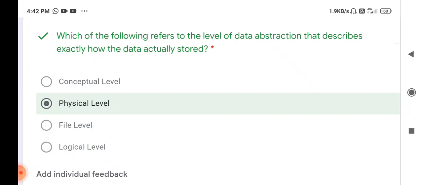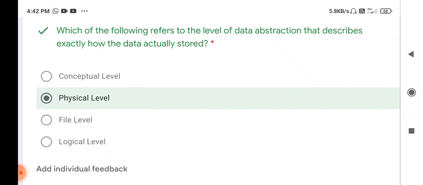This statement is generally used for the physical level. The physical level shows the structure of the database, how exactly data will be stored. The logical level decides the relation between those data, right? And the conceptual level handles different queries conceptually. So how data is actually stored will be shown by the physical level.